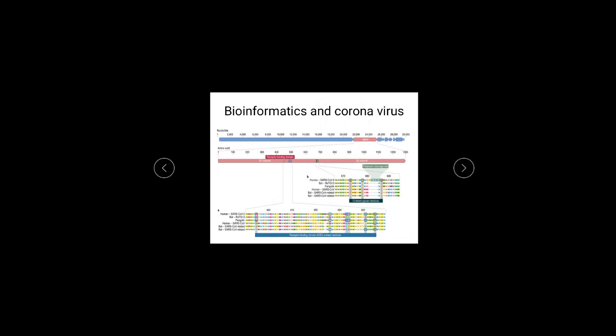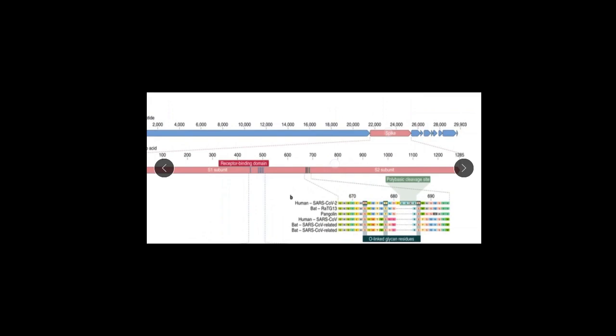So now, bioinformatics and coronavirus. How can we use bioinformatics for coronavirus prediction and other things? As shown in this figure, there is a nucleotide sequence of about 30,000 bases, and around 22,000 to 26,000 there is a region for the spike protein sequences.